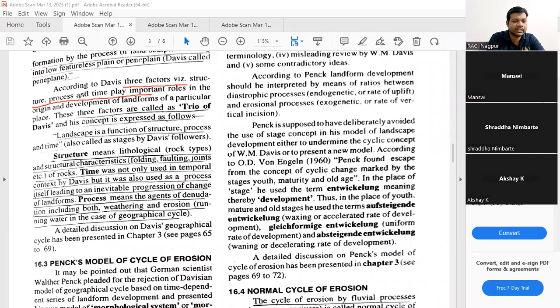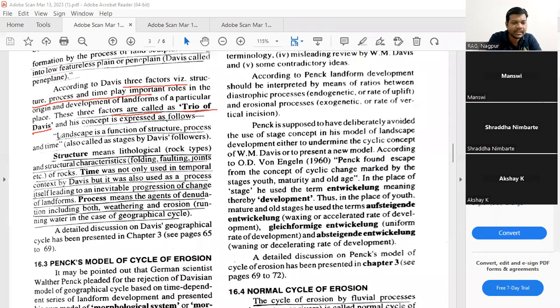They play a major role in the formation of the cycle of erosion, or geomorphic cycle. They are basically the drivers of geomorphic cycles. These three factors are called the trio of Davis.